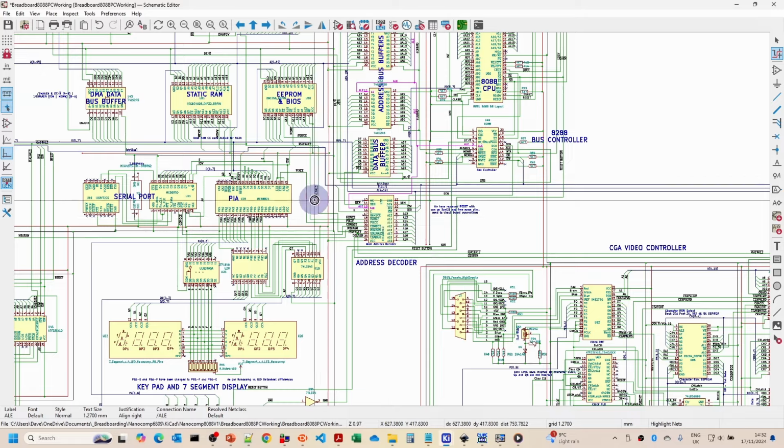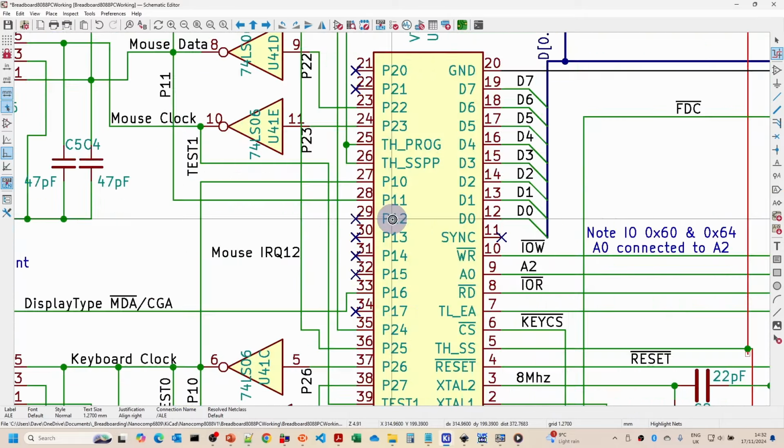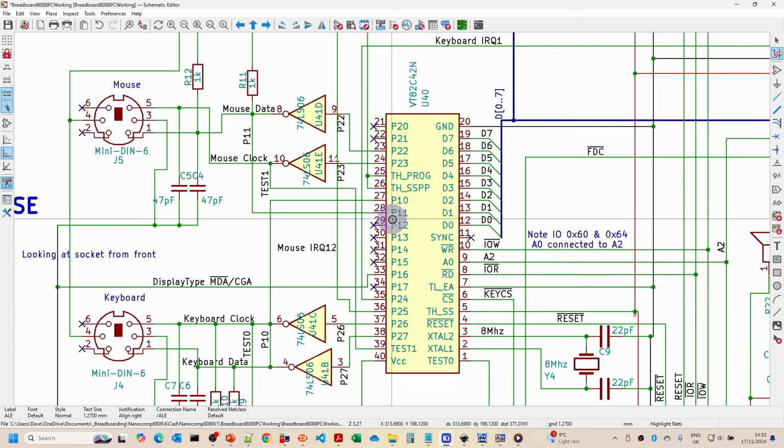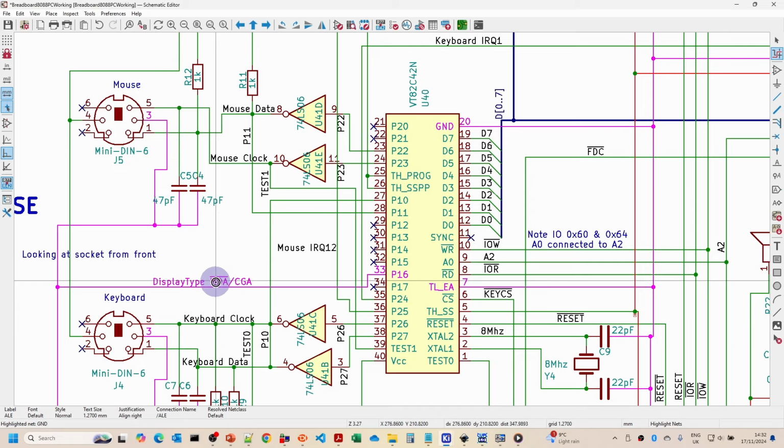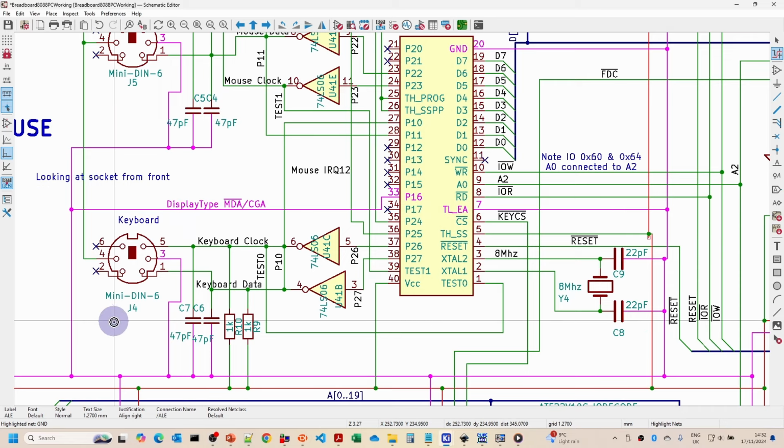In our original design, there's a link, similar to what the Compaq Deskpro did, for the display type, whether it's MDA or CGA. Monochrome display adapter is attached to ground and CGA is attached to 5 volts. So we need to change this link on the keyboard controller from ground to 5 volts. That should mean the BIOS will know about actually booting into CGA mode.